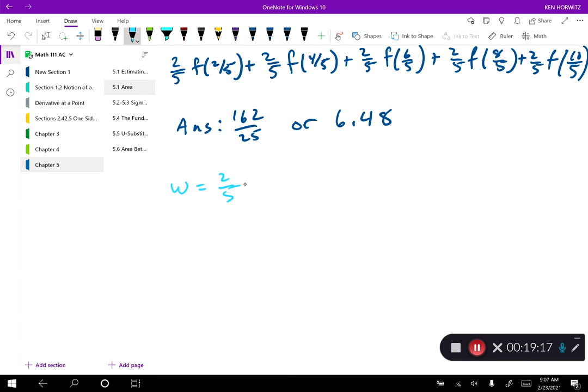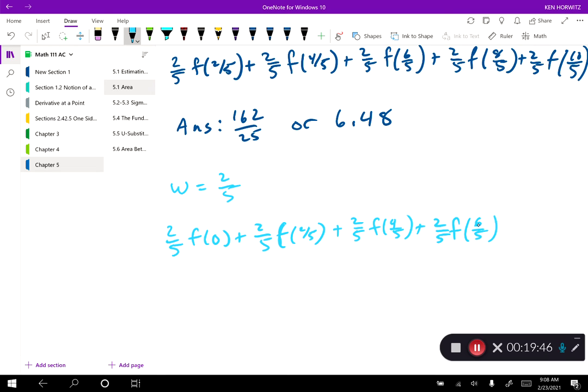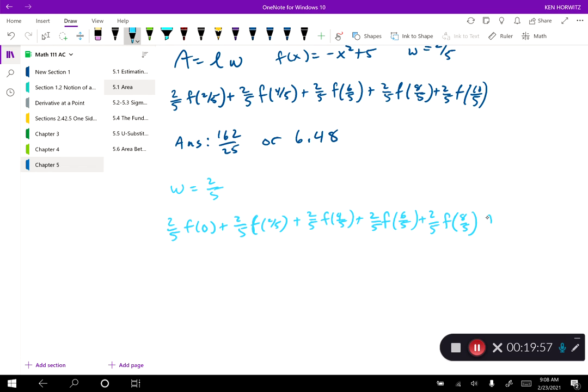So it's 2/5 times f of 0 plus 2/5 times f of 2/5 plus 2/5 times f of 4/5 plus 2/5 times f of 6/5 plus 2/5 times f of 8/5 plus 2/5 times f of, wait, hang on, 1, 2, 3, 4, 5.